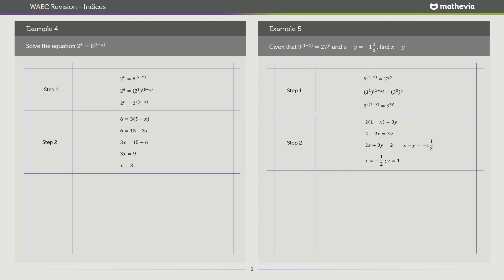The question asks to find x plus y. So x plus y equals minus 1 over 2 plus 1, which gives your final answer of 1 over 2.